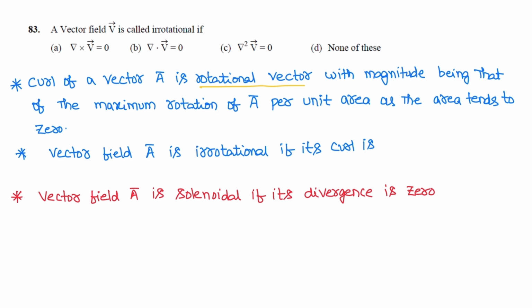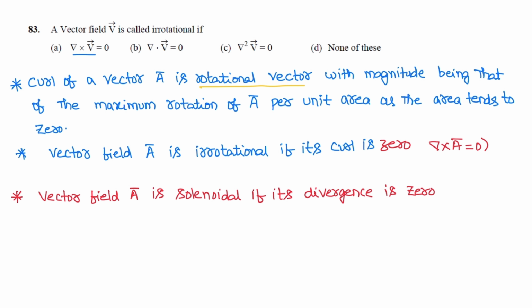A vector field V is called irrotational if curl is 0. The definition of curl: curl of a vector A is a rotational vector with magnitude being the maximum rotation of A per unit area as the area tends to 0. The vector field A bar is irrotational if its curl is 0, so curl is 0 means del cross A bar is 0.